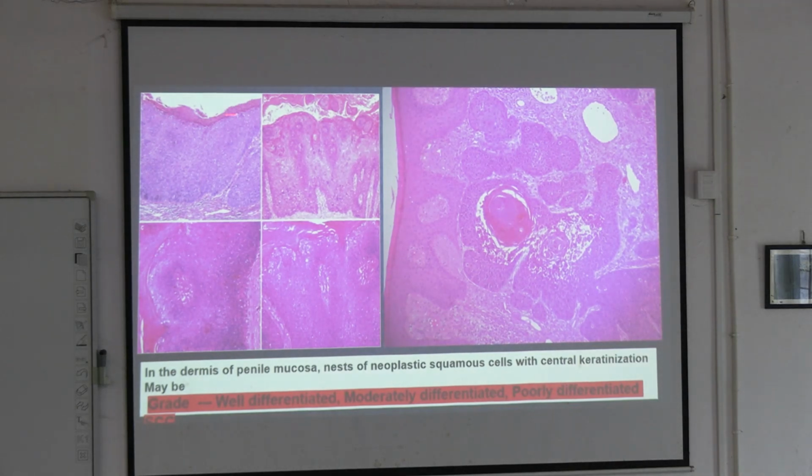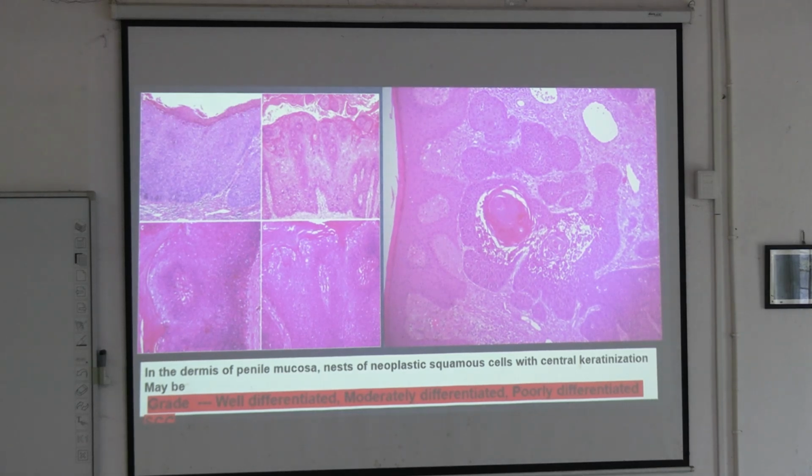Microscopically, this is Bowen's disease, an intraepithelial neoplasia. This is not invading, but here from the surface epithelium these changes go into the deeper structure. When malignant squamous epithelial cells with keratin formation go into the deeper structure, that is invading or infiltrating squamous cell carcinoma.